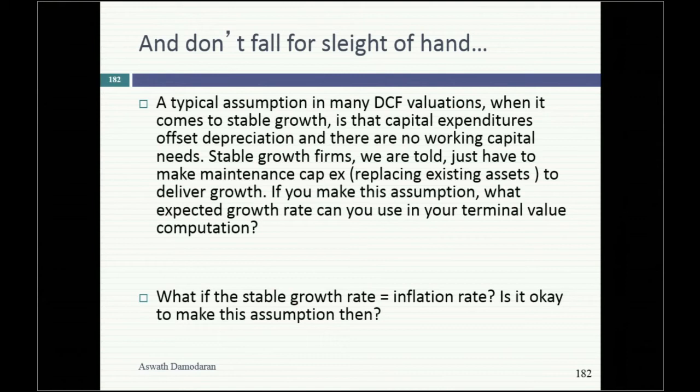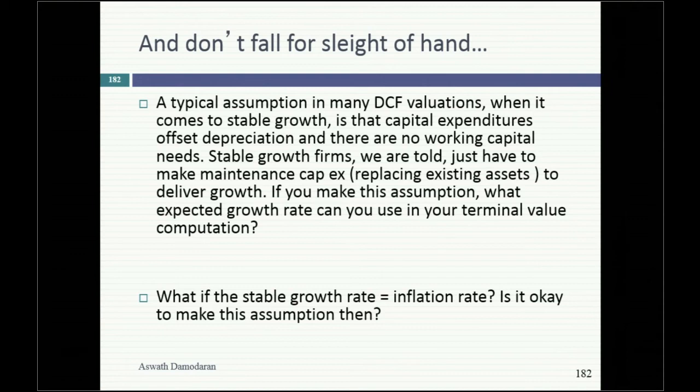Because I think that's an issue we run into, and we've already dealt with this earlier, but there are times you'll be told that this is a special company. The cash flows are growing at the inflation rate, and all you're doing is replacing old capex with new capex. You're maintaining capacity, so it's okay for capex to offset depreciation. Net capex is zero. I think it's hard-coded into some investment banking DCFs. Capex equal to depreciation is hard-coded in the terminal value.